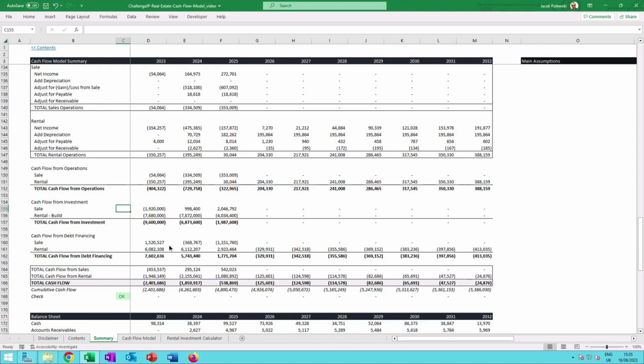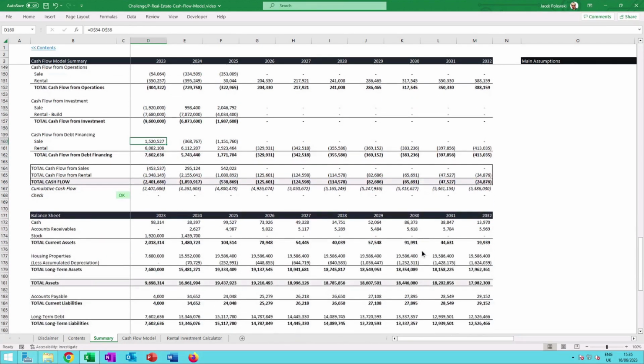And then here, in case of sales, you will see that those numbers are the early repayments, and that allows you to calculate your cash flow, which should agree exactly with the cash flow model summary above.